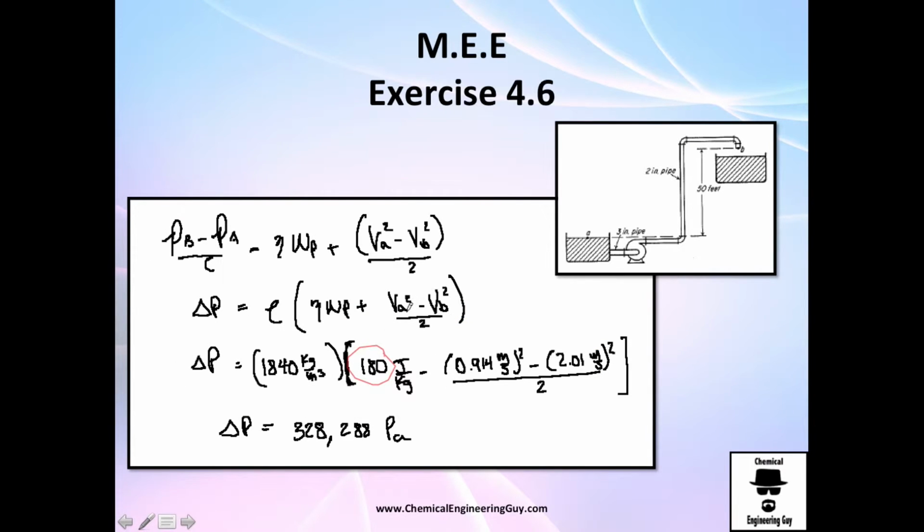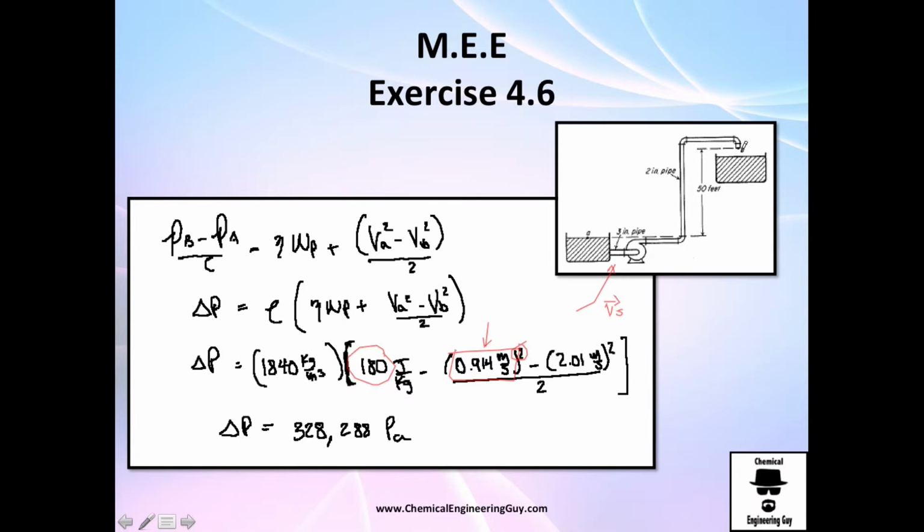180. The velocity on A, recall, is literally the velocity given in the suction. Right here, it was 1 foot per second. We changed it to meters, and it's about 0.9. No, it was 3 feet per second. Changing it to meters, it's 0.91 meters per second. We need to raise it to the second power.